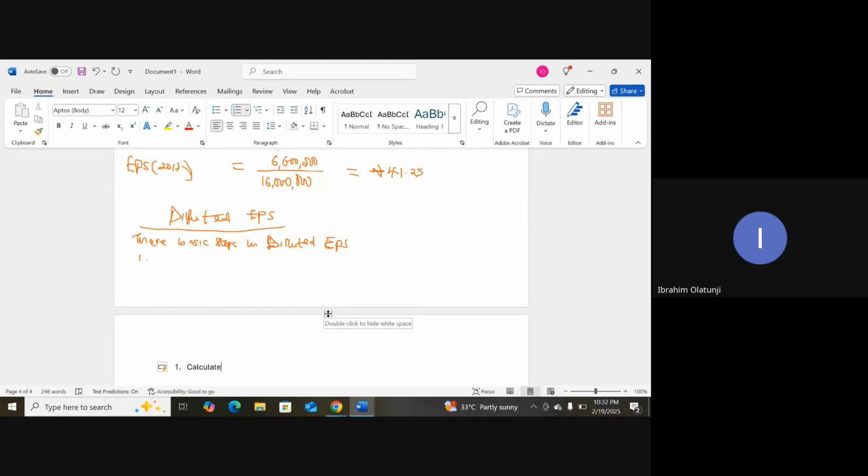So you have to calculate the weighted average number of ordinary shares, the one we did under basic EPS. You calculate the weighted average number of shares for basic EPS.